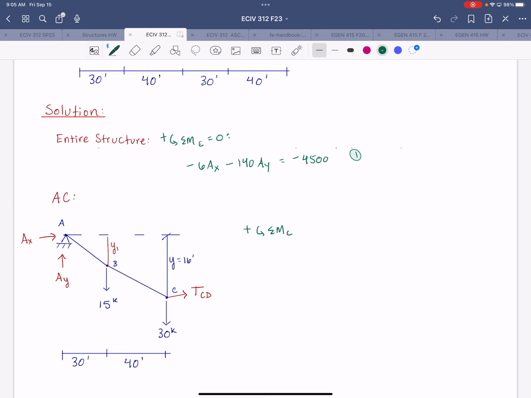So that is an unknown on your free body diagram, but if you sum moments about C, you don't have to know what it is to get AX and AY. So we end up with negative 16AX minus 70AY is equal to negative 600. All right, so that's our second equation.